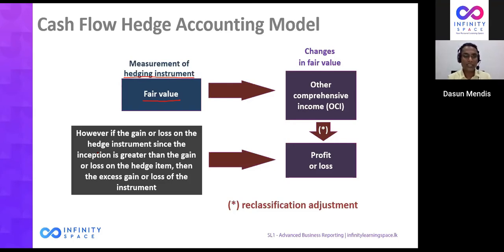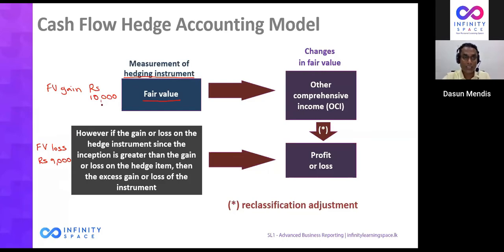For example, let's say from the inception of the cash flow hedge, the fair value gain of the hedge instrument is 10,000 rupees. I'm taking an example. On the other hand, let's say the fair value loss created by the hedged item is rupees 9,000.